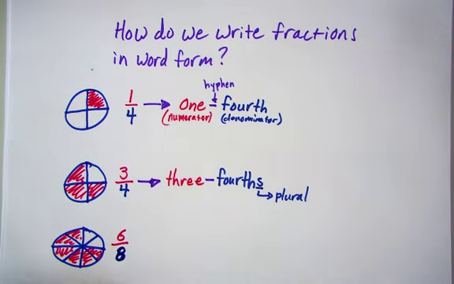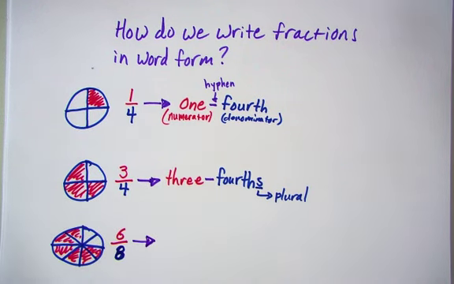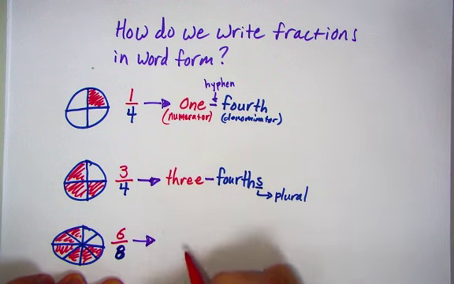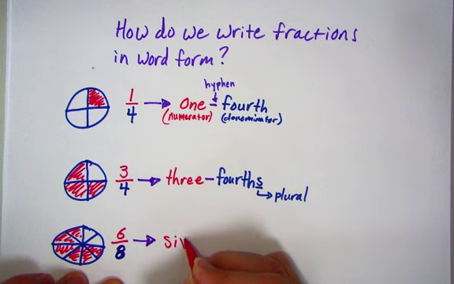Now, let's go ahead and try to write it in word form. Go ahead and pause the video and see if you can do it too. So, as you probably have written down already, we write the numerator first, and the way we say it is 6/8. So we just write 6.